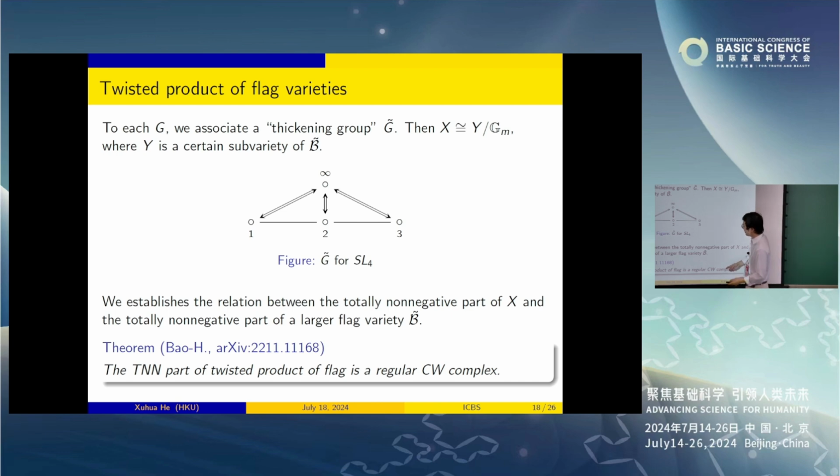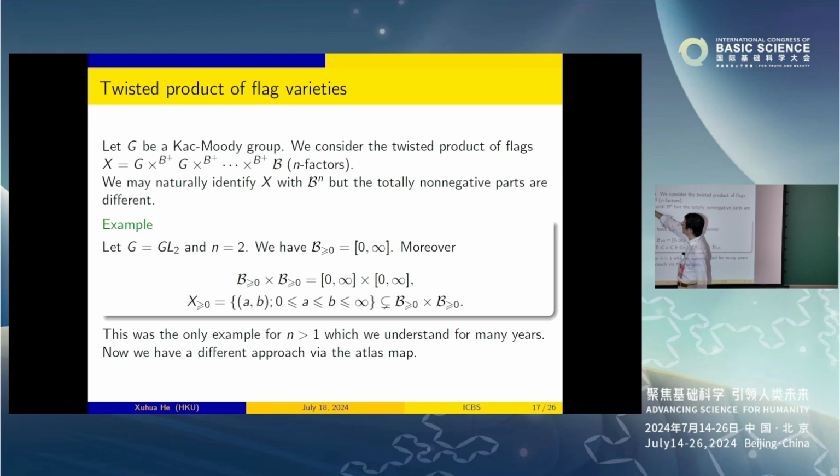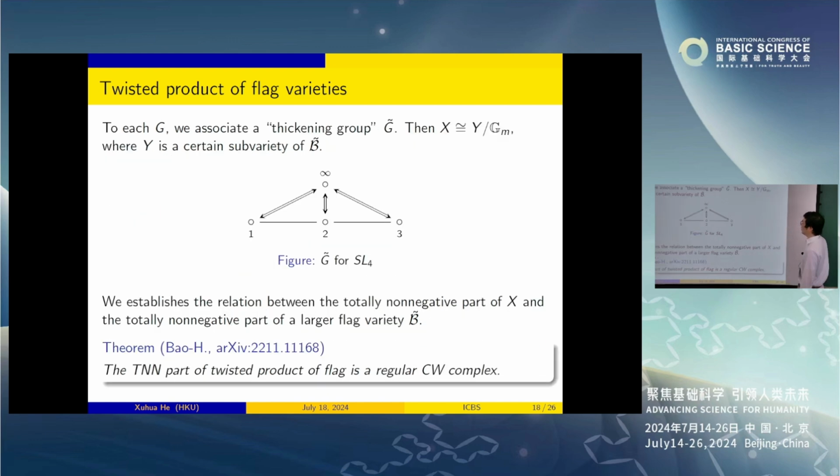One may wonder why we want to do this, and even start with some simple group. Here the issue is that when you have the twisted copies, it's very hard to study this directly. The way we do it is that, instead of thinking about X, we associate this to a certain subvariety of the flag variety of this huge Kac-Moody group.